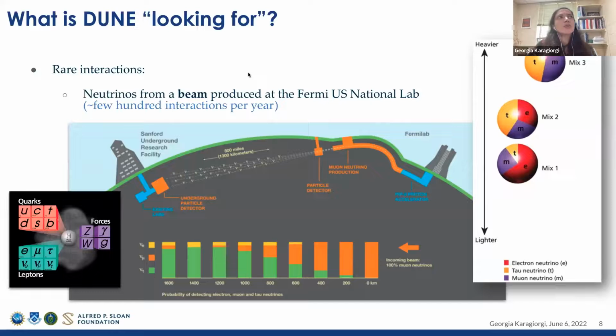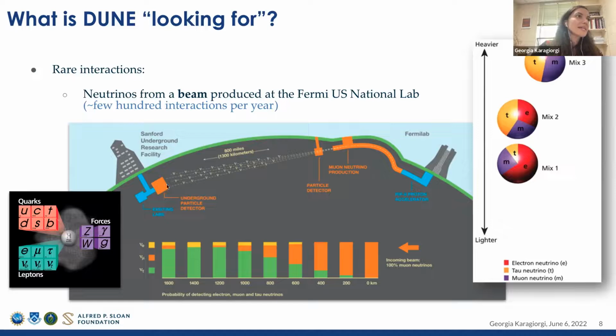So what is DUNE actually aiming to measure? Well, being deep underground means that DUNE is very, very well shielded from any kind of cosmic ray particles or any other particles that are produced in the Earth's atmosphere, or even charged particles produced in the Fermilab beam.